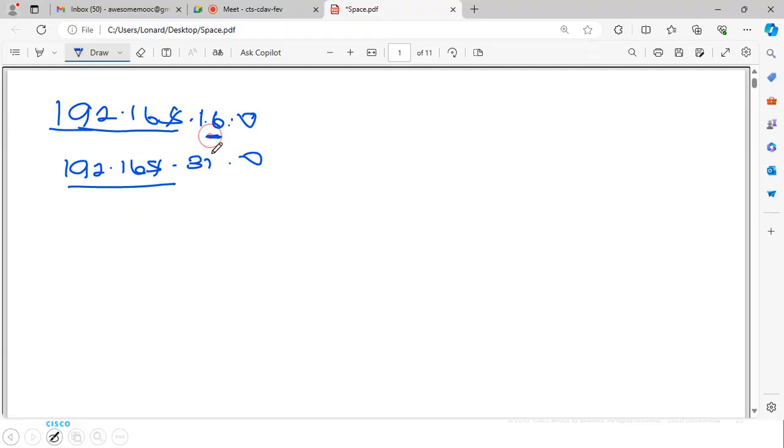We expect 128, then 64, 32, 16, 8, 4, 2, then 1. So I'm going to convert 16. For 16, I have the 1 here, the rest are zeros.